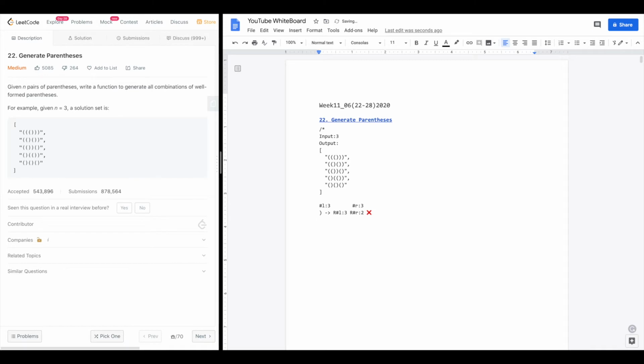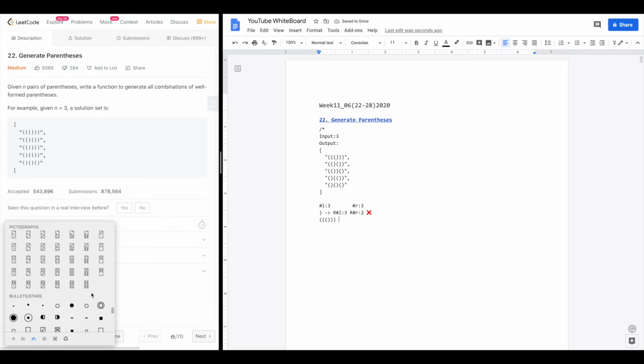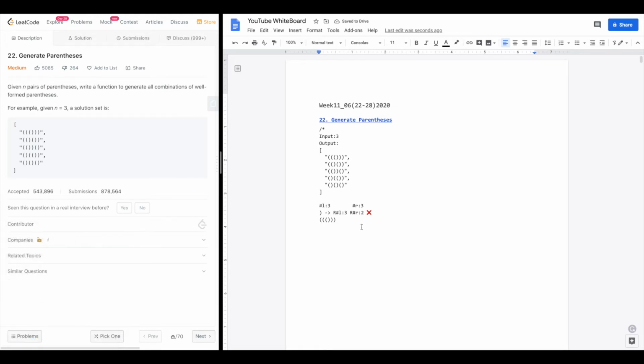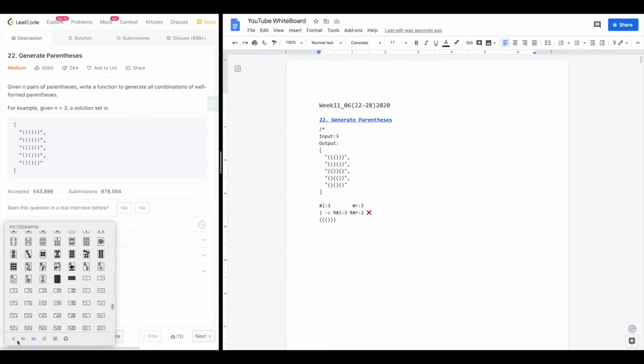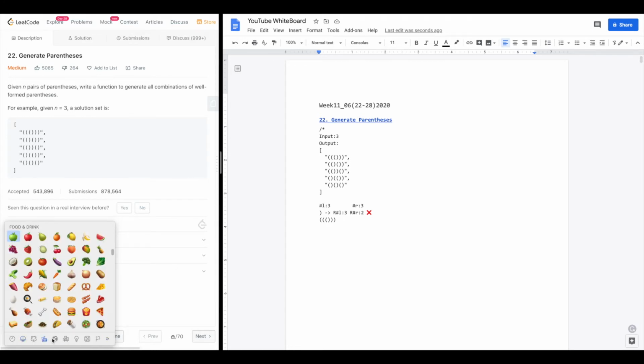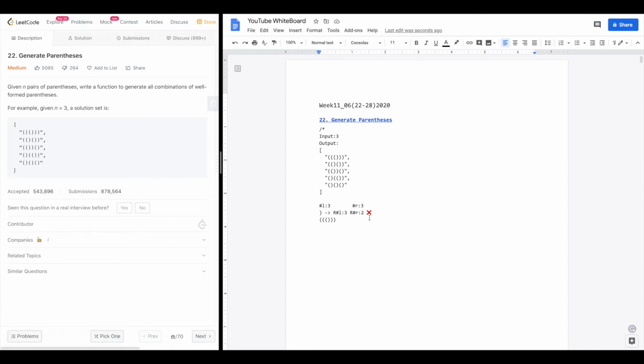And if we do another example, we get left, right. So we can easily know this is correct. We can do this one, this one is correct, right?